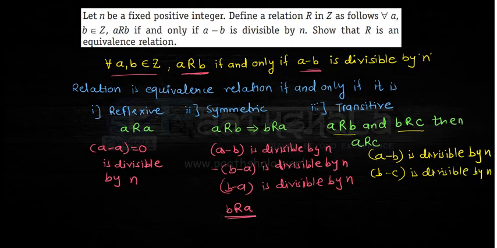If we add these two, what will we get? a minus b plus b minus c. If we add these two terms, they are also divisible by n.